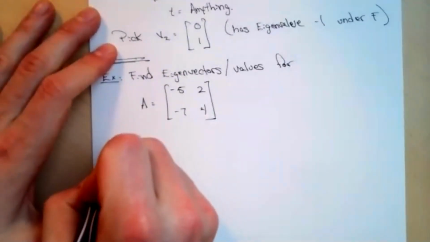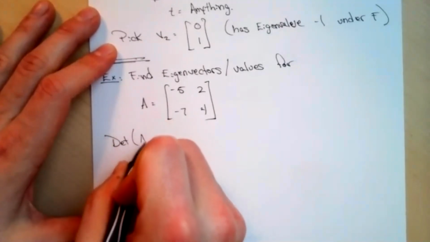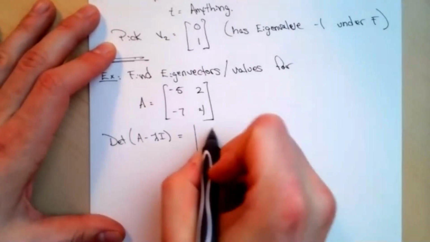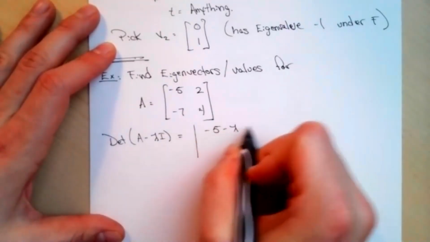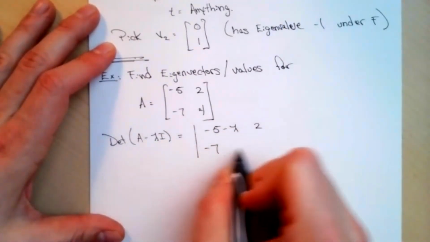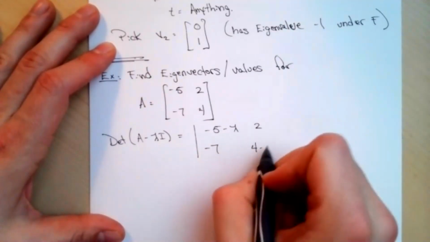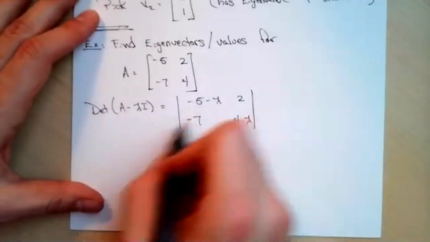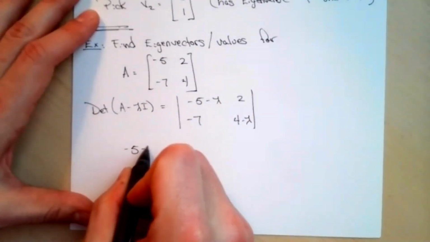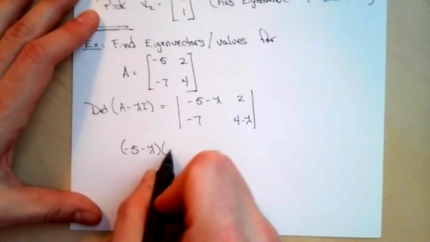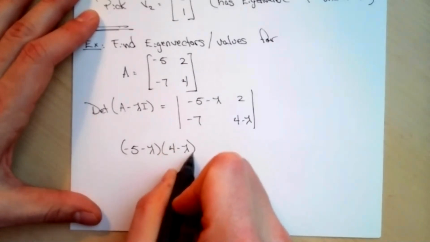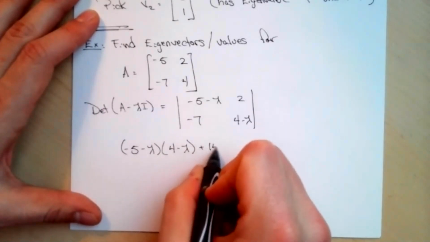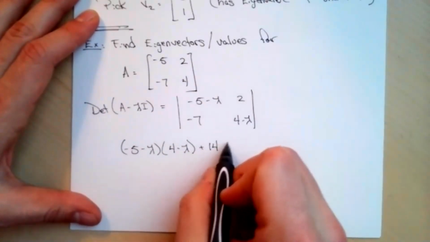Again, we're looking for the determinant of A minus lambda I, which is going to be -5 minus lambda, 4 minus lambda. So just subtract off lambda from the diagonals, compute our determinant, and unfortunately, it can get a little wonky. And that'll be a plus 14, so minus 2 times -7.